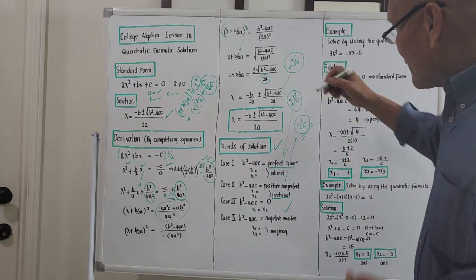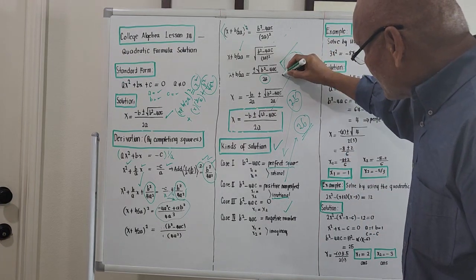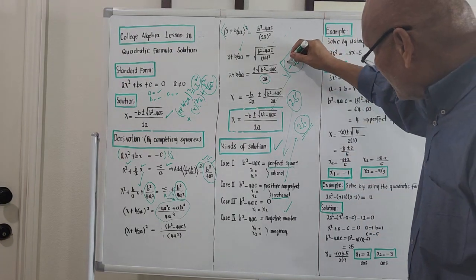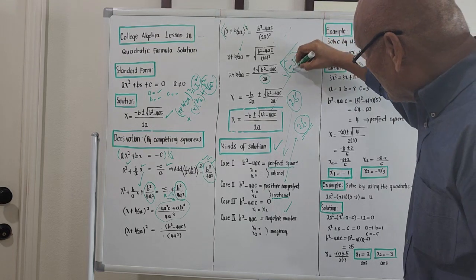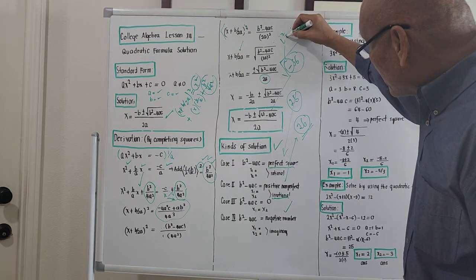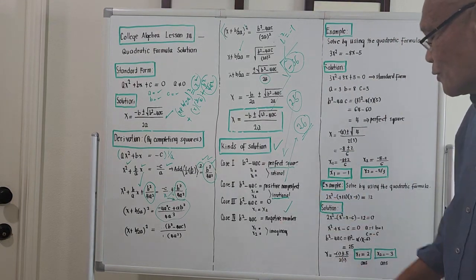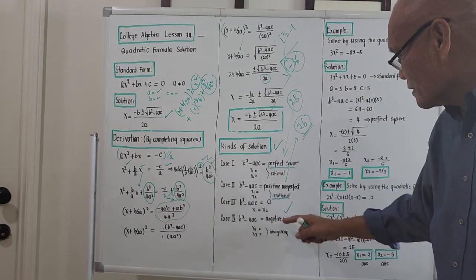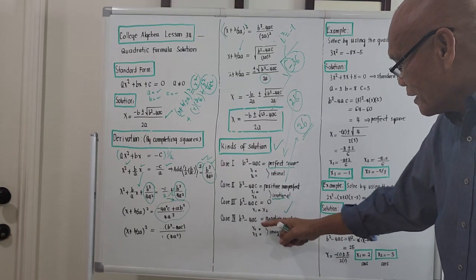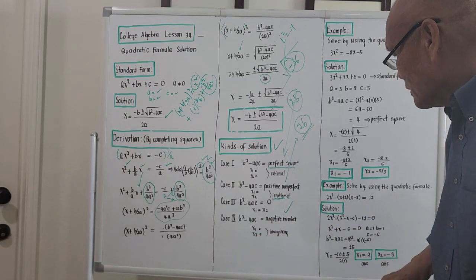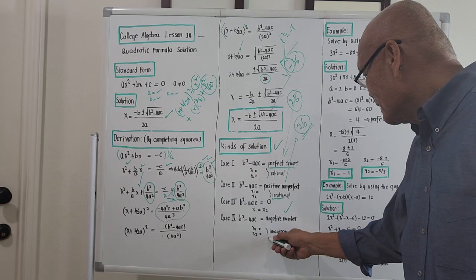Because to simplify a number with a negative inside the square root, we have to introduce the value i squared equal to negative 1. So what comes out for case number 4, if the value of b squared minus 4ac is a negative number, x1 and x2 are both imaginary.